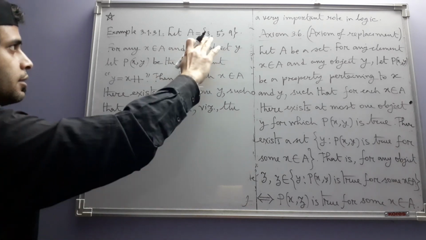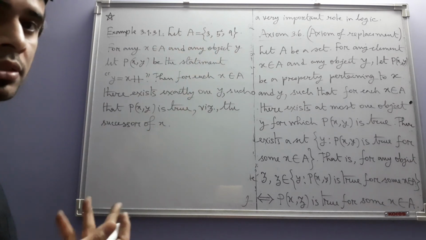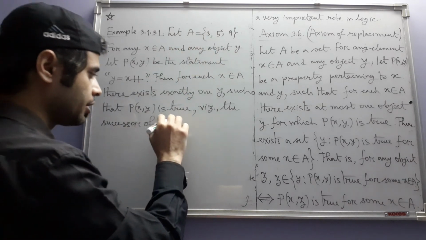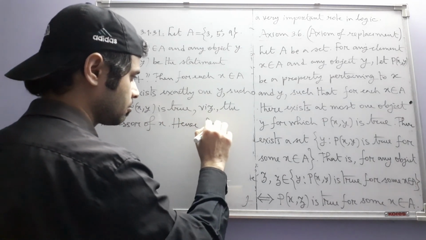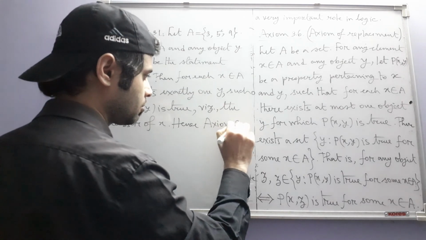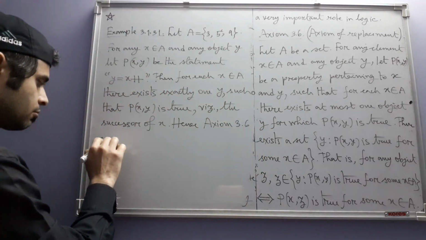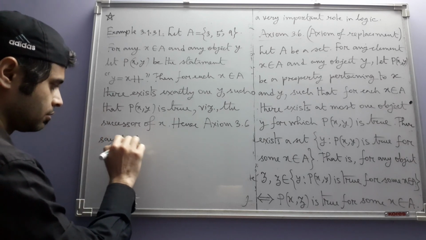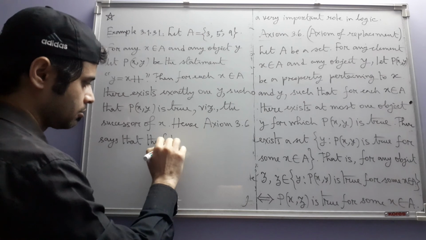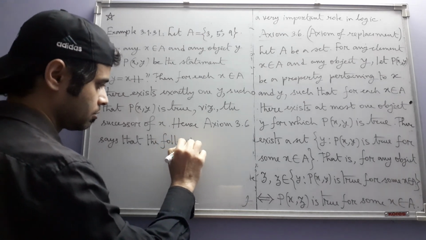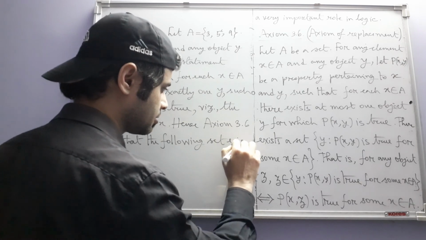In this case, every element of A will be replaced by its successor. Hence, Axiom 3.6 says that the following set exists.